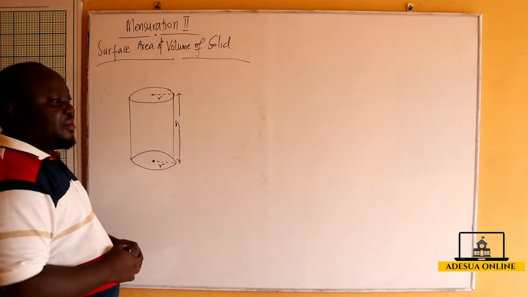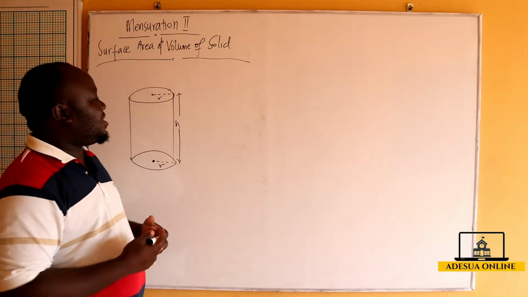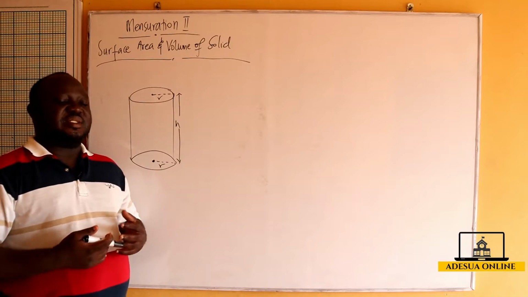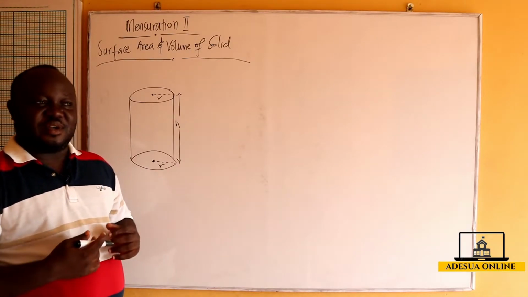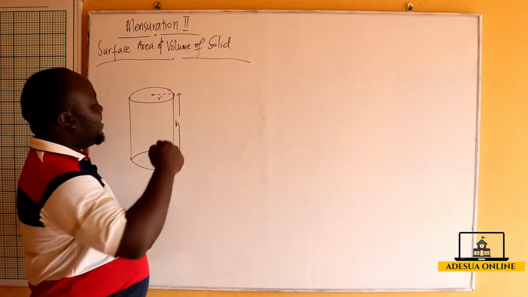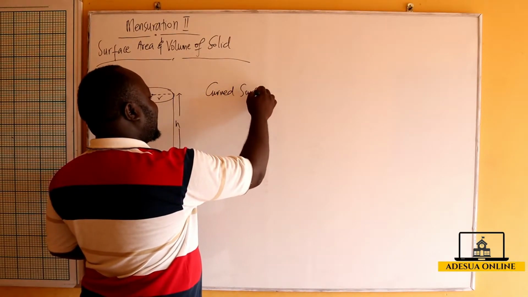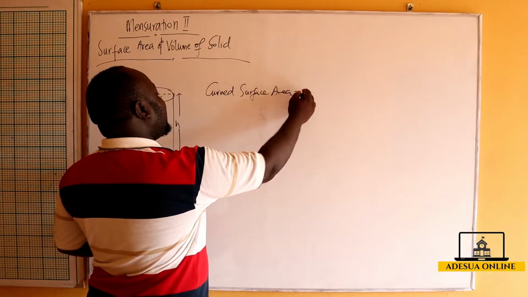Now when we talk about the surface area of a cylinder, or the curved surface area, this is equal to what?